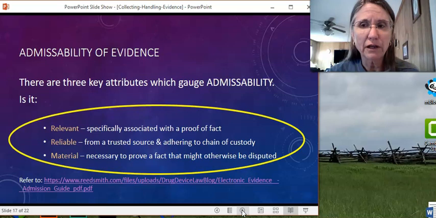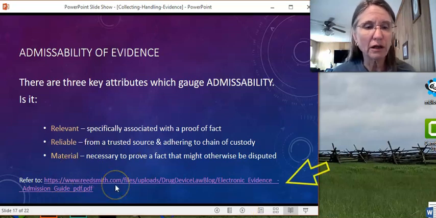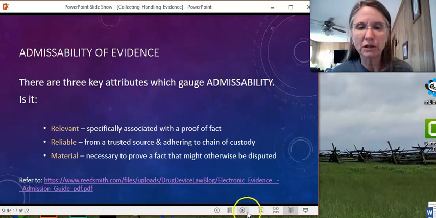And then lastly, the evidence must be able to prove a fact in our case that might otherwise be disputed, and this means that it is material in nature. You may want to reference this URL at readsmith.com, which has an interesting Adobe Acrobat file which gives a lot of good data on electronic evidence and its admission.